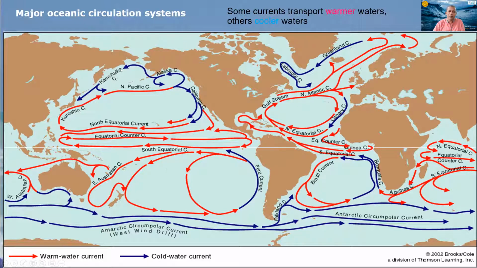Some currents will bring cold water into the tropical areas, keeping the temperature down in the tropical countries. So even here you see the Canary current bringing cold water to the tropics, bringing the temperature down.